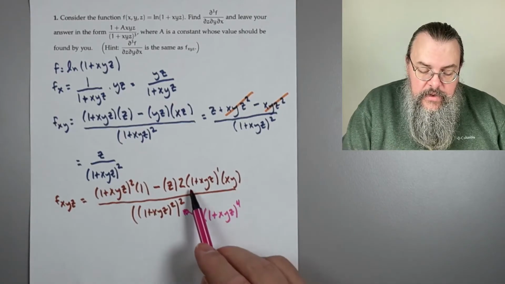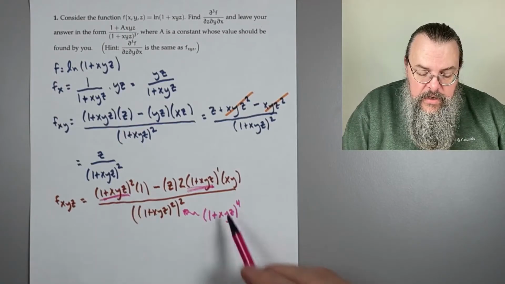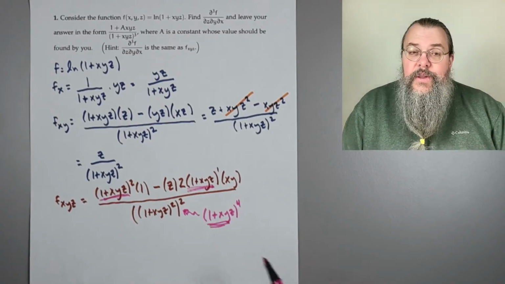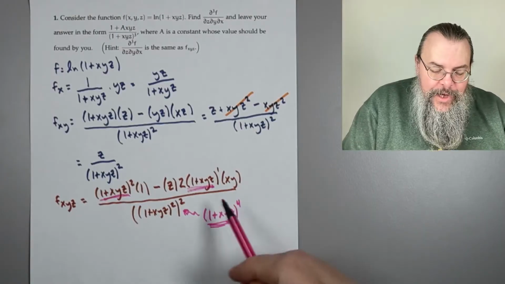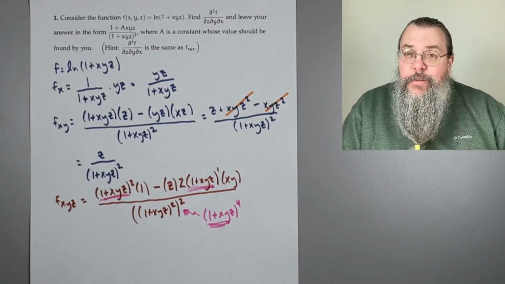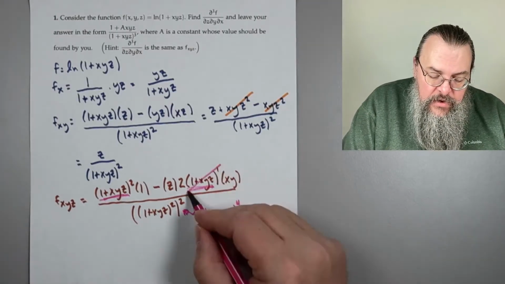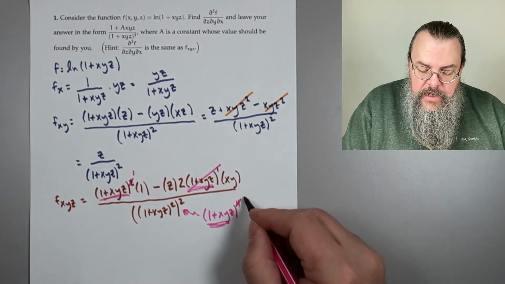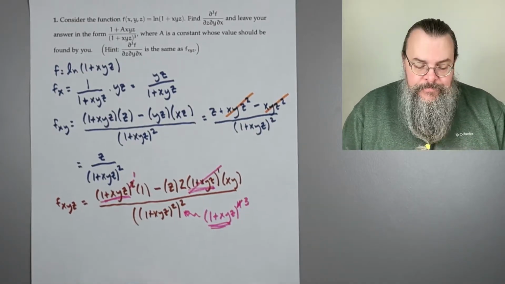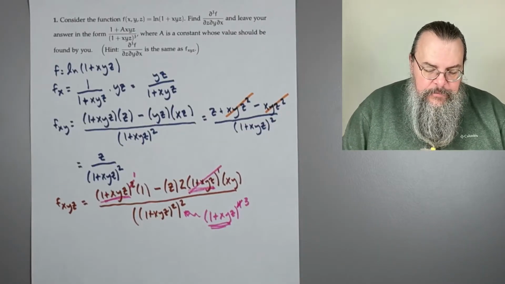And what do you see? There's a 1 plus xyz, there's a 1 plus xyz squared, 1 plus xyz to the fourth. So what we can do is pull out a 1 plus xyz from the top and cancel with one on the bottom. If we do that, this will go away, this will become to the first power, and this will become cubed. All right, so let's see what's left at this point.